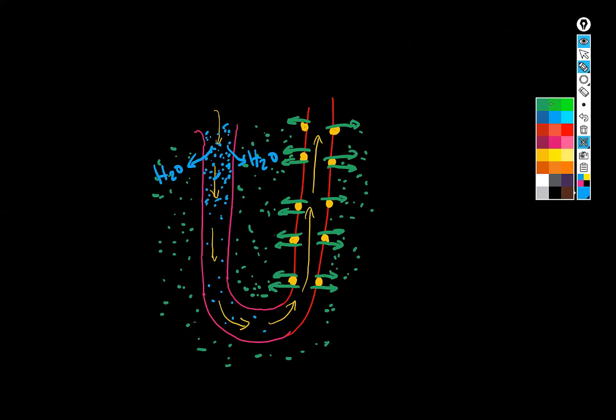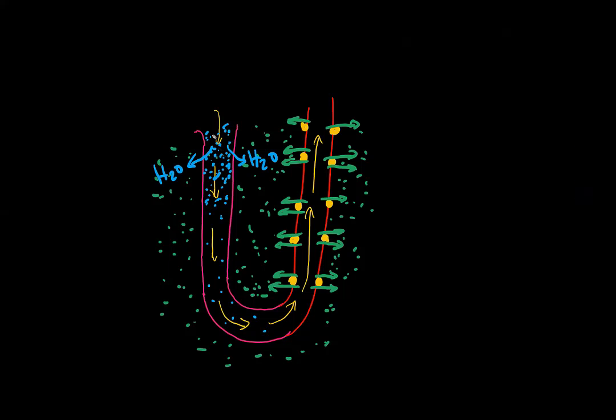Now there's also sodium chloride in the filtrate at this point. So what you see as you move down the descending limb is that you go from having about equal parts water and sodium chloride to having mostly sodium chloride.